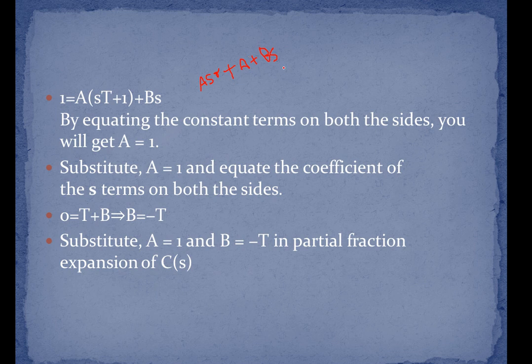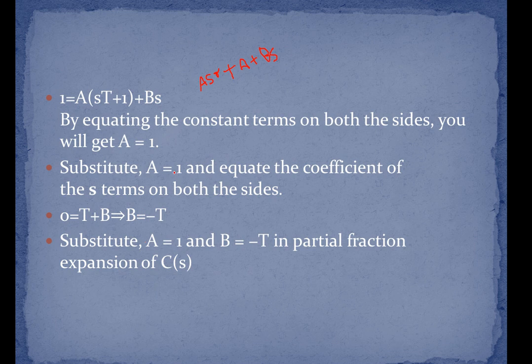And for the s terms we have a tau plus b equal to 0, because we do not have s terms on the right side. So a tau plus b equal to 0, but we know that a equal to 1. Substitute a equal to 1: tau plus b equal to 0, and b equal to minus tau.